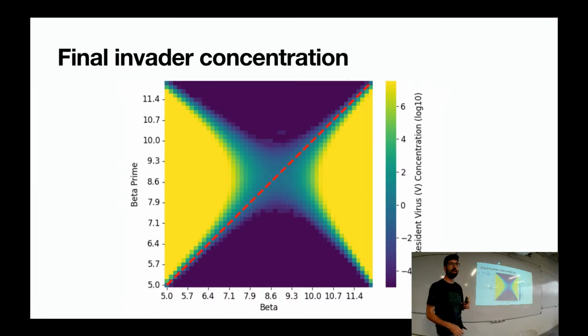Let's try to understand what the features of this plot are. First of all, this quantity is equal to 0 on this line. This is a very general feature. Whatever model we have, if we have some traits theta prime and theta, and all the traits of the invader are equal to the traits of the resident, there is no difference.